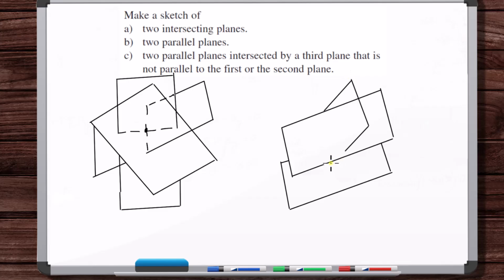It would intersect the first plane at a line, and it would intersect this second plane at another line. So like that.